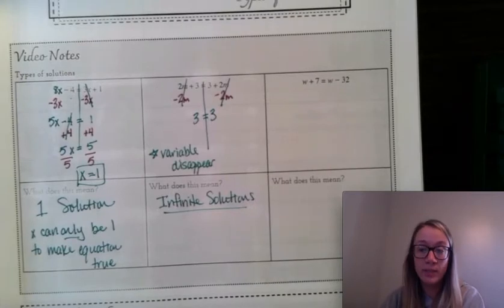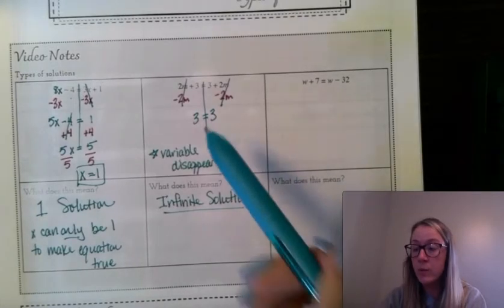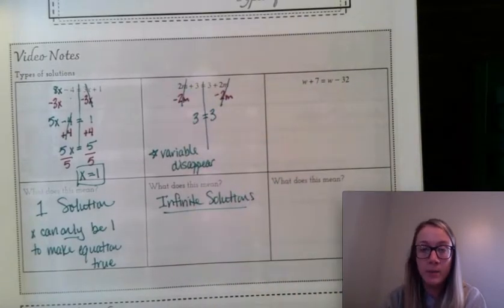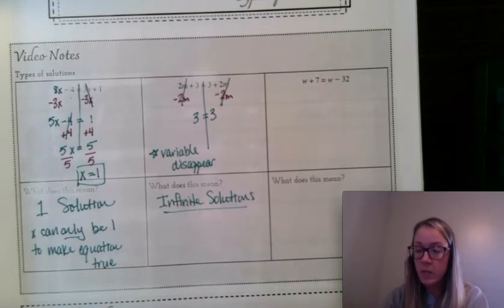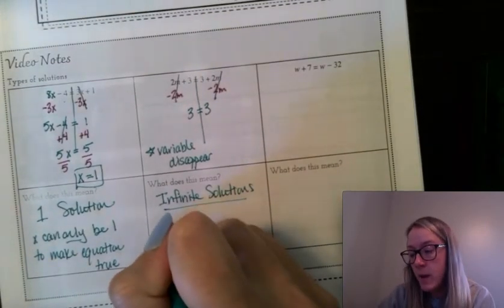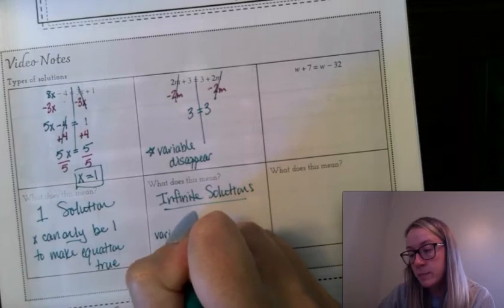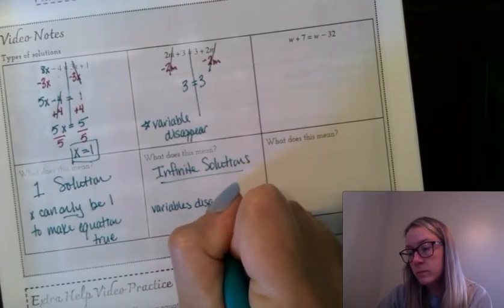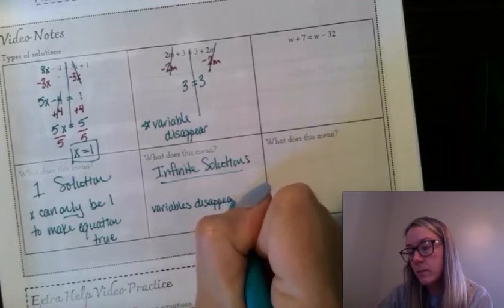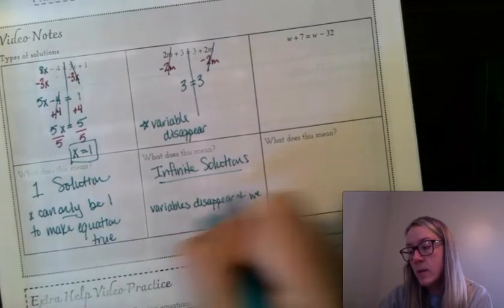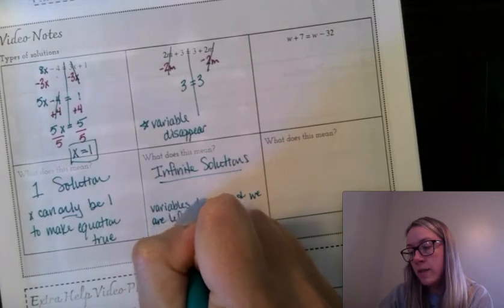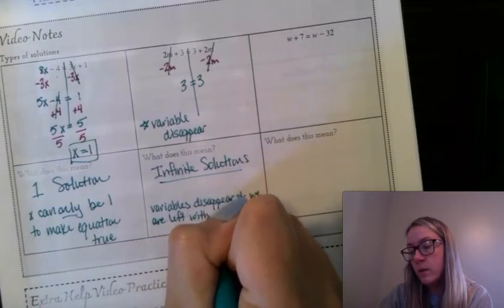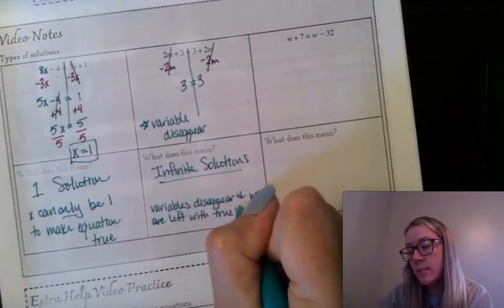I can choose any number, any value for m, and it would make a true statement. So this happens when our variables disappear and we are left with a true statement.